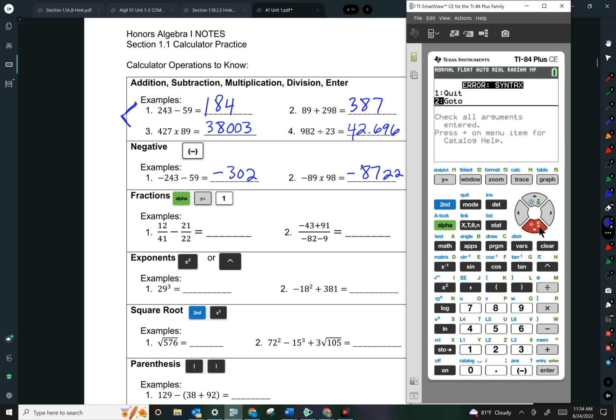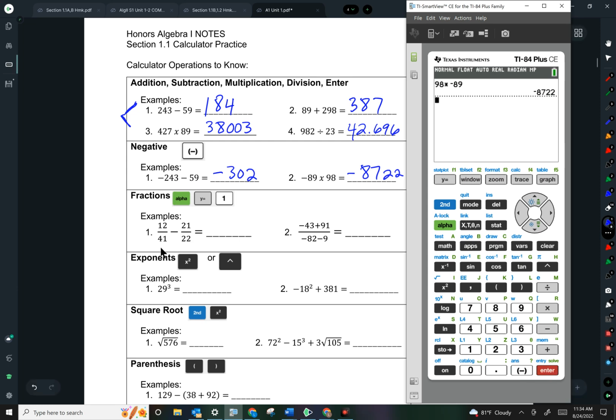So if I move the cursor down to the go to, if I press enter, it's going to go to the error, and notice the cursor is flashing on that minus sign, so that's a little hint that maybe you used a minus instead of a negative. So if I change that to a negative, and notice it's a little bit smaller, and then if I press enter, it's going to work.